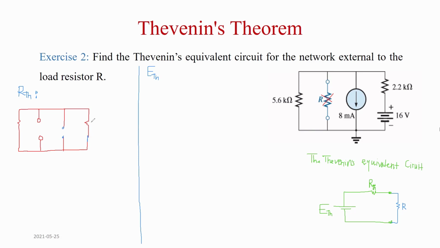Now this is 2.2 kilo ohm, and this is 5.6 kilo ohm, and I'm gonna find R Thevenin between the terminals here.